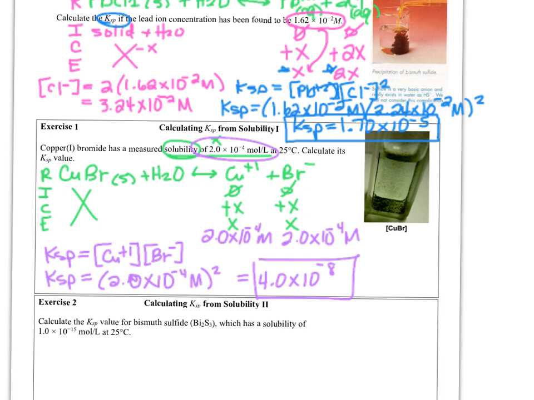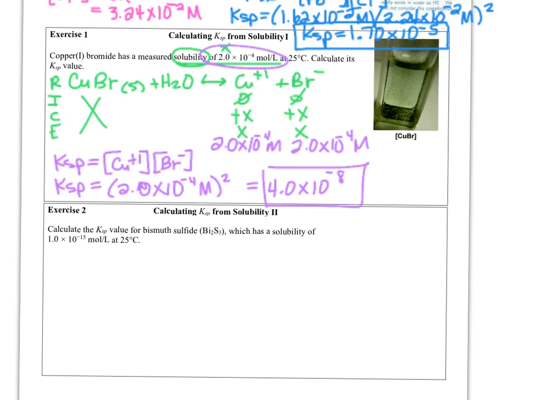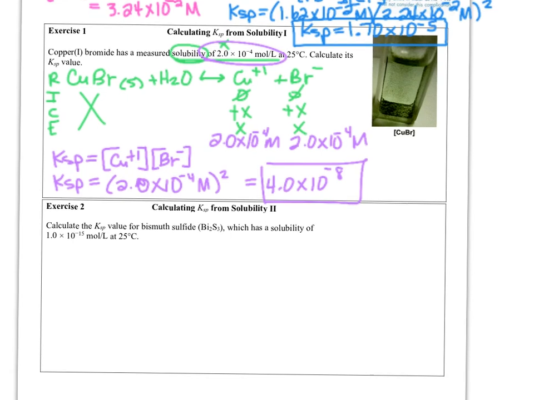Okay, so on this next problem, let me move this up. I'm going to give you the answers to this one, and I want you to try it on your own. Now, I do want you to pay really close attention to the bismuth sulfide, which is 2 bismuths and 3 sulfurs. So that's going to affect your X, and it's going to affect your KSP expression.